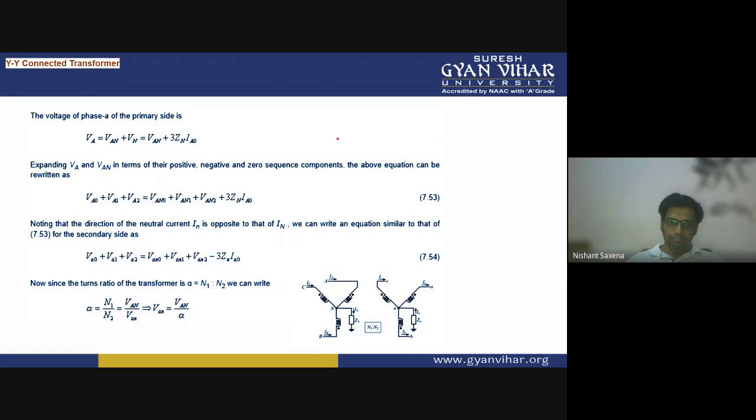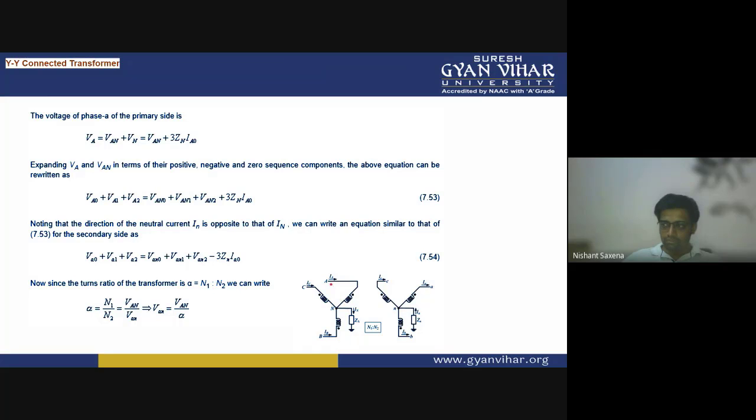Now, from this figure, we can see that for phase A on the primary side, the voltage would be VA is equal to VAN plus VN. That is from ground to neutral.